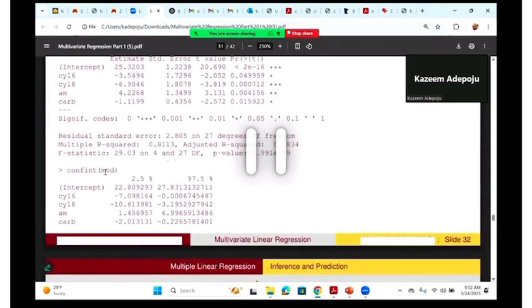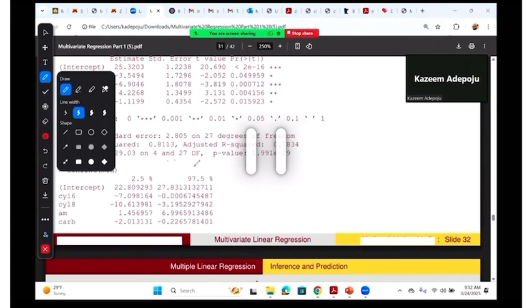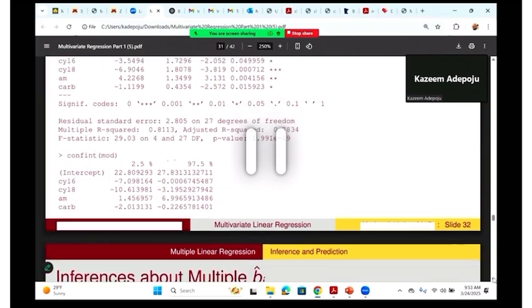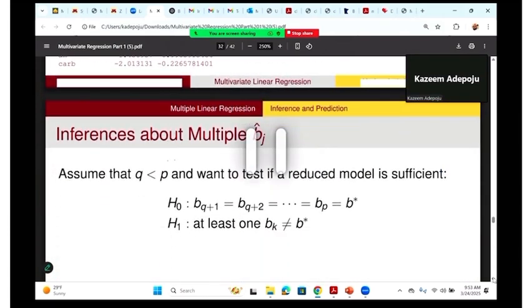It's confint of the model. Confint gives the confidence interval of the regression parameters. It's going to give you the 95% confidence interval for beta naught, beta 1, beta 2, beta 3, beta 4. Automatically, R is going to generate all of that for you with a single code. I just wanted you to take note of that.